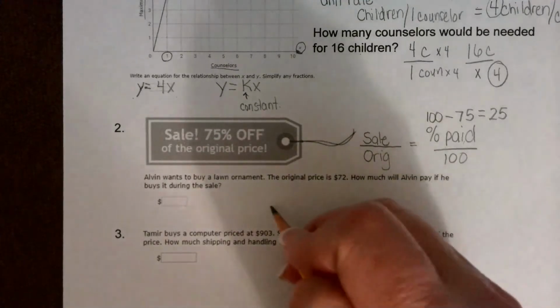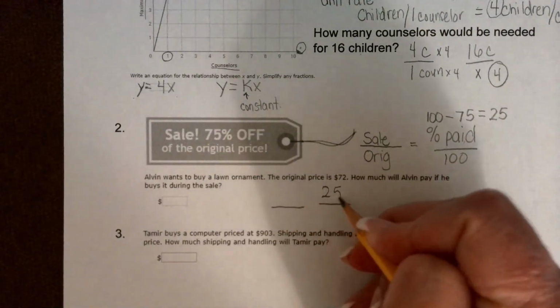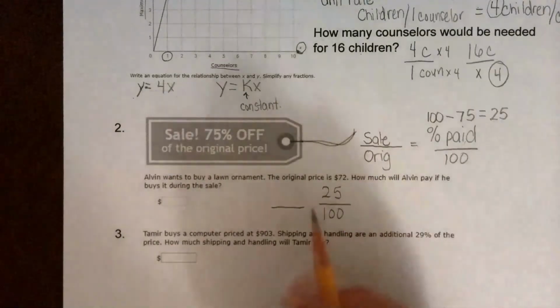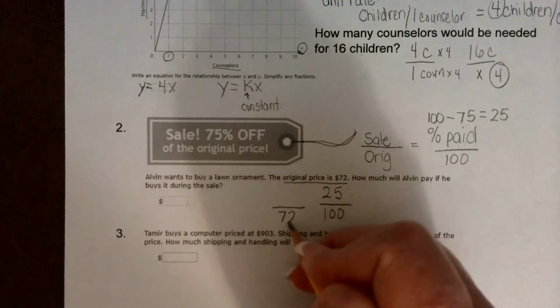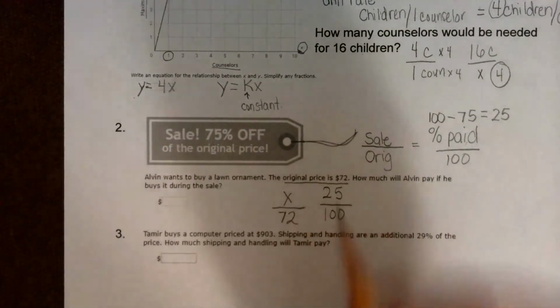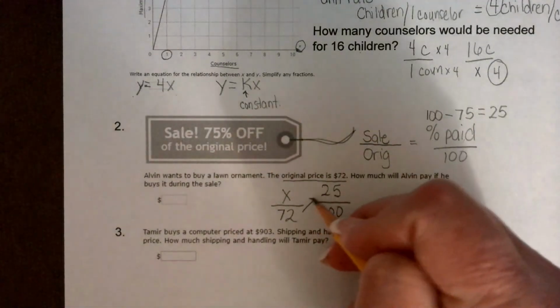So when I set up my proportion, I'm going to put the 25 over 100. And then the original price is $72, so I put that on the bottom, and I'm looking for the sale price. I go ahead and cross multiply 72 times 25, and that's equal to 1,800.